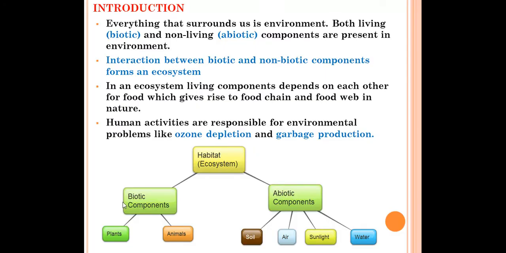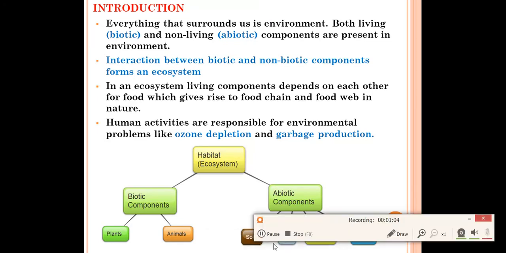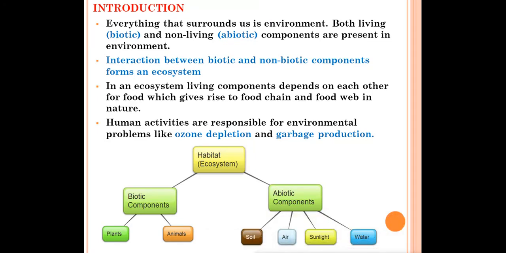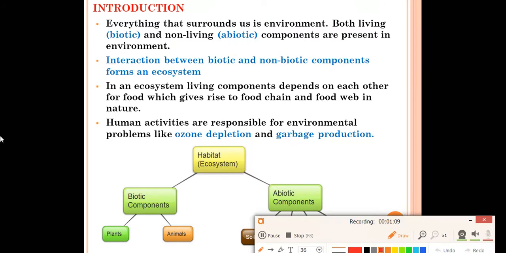First of all, you should know what is environment. Environment is where we are living. Everything that surrounds us is called environment, right? From your junior classes you are reading the definition of environment, that everything which surrounds us is environment. So what are the components of environment?